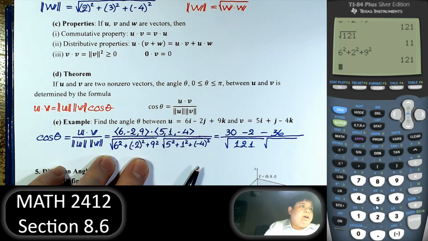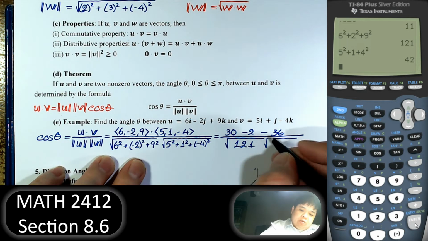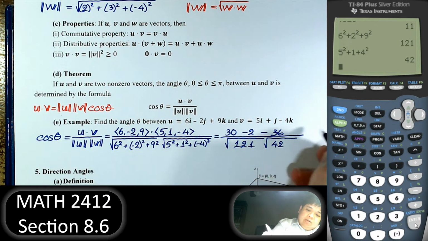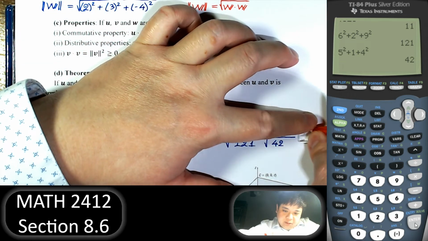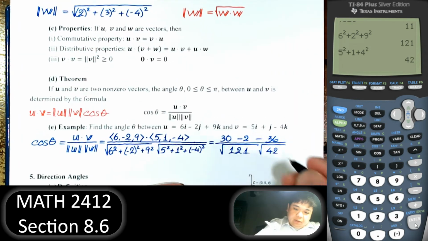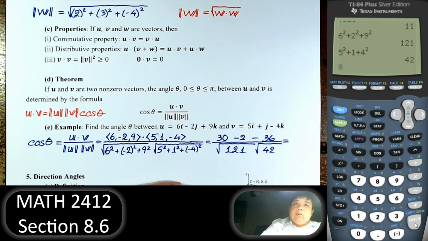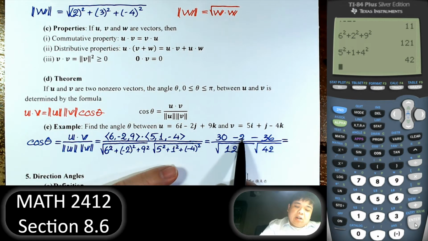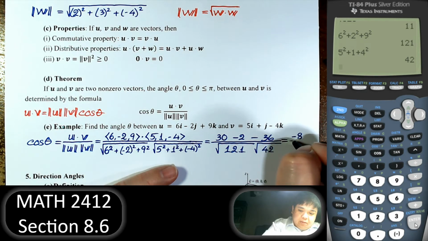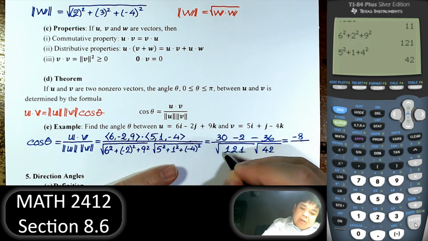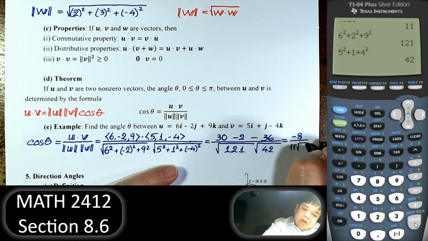And then 5 squared, 1 squared or just 1, and 4 squared, which is 42. To simplify all of that, on the top 30 minus 2 minus 36, so 30 minus 38 is -8 on the top. The bottom we have 11 square root of 42.